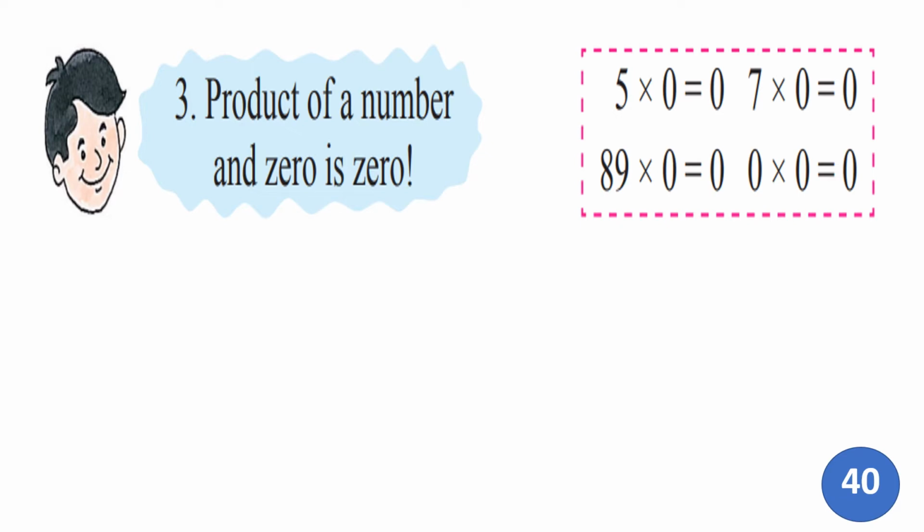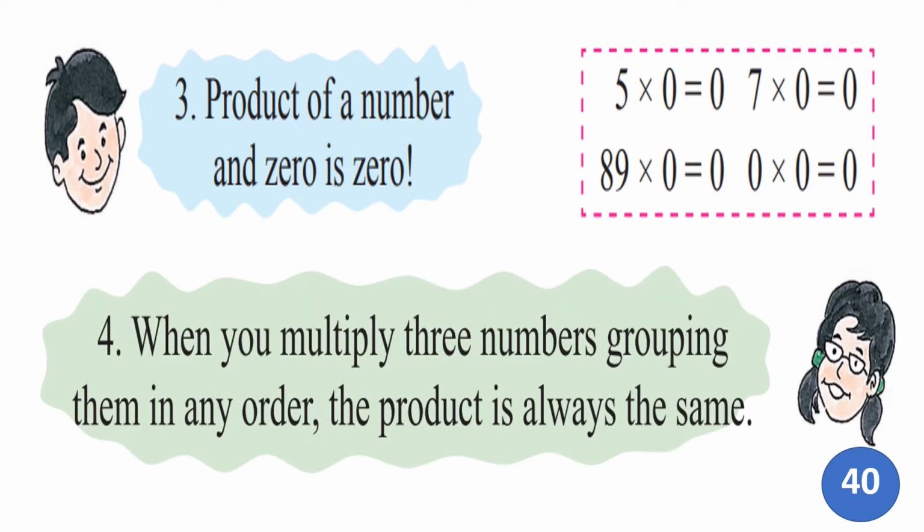That's why we say the product of a number and 0 is 0. Any number multiplied by 0 is 0. Number 4. When you multiply three numbers, grouping them in any order, the product is always the same.